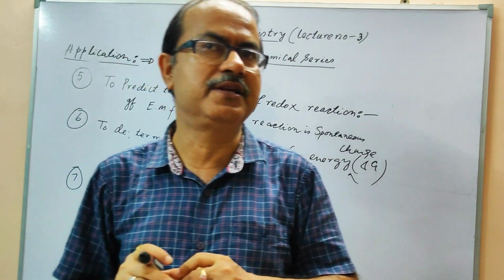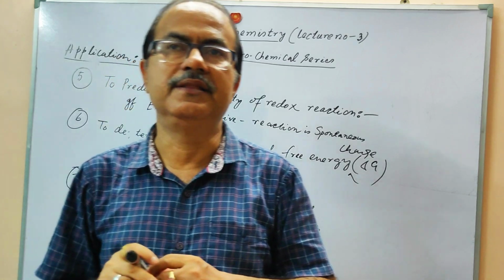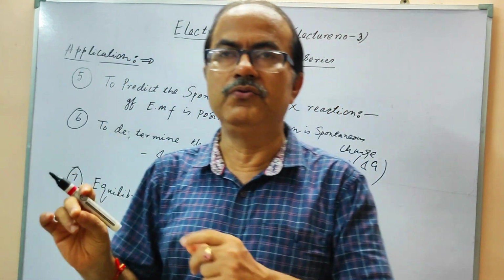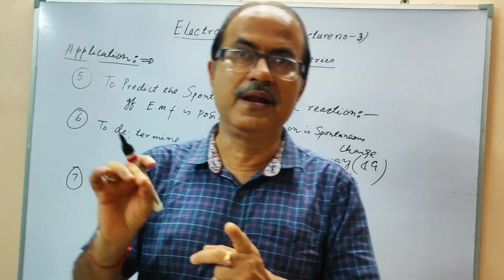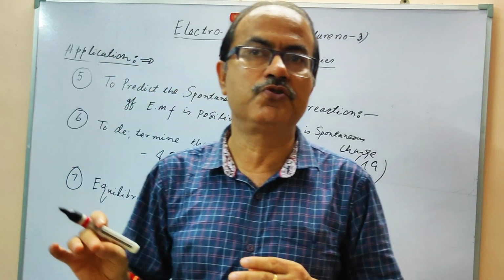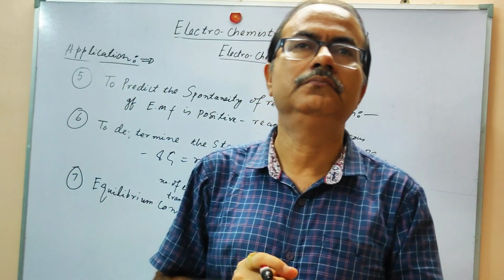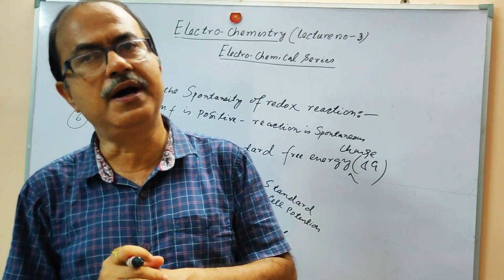That we can understand from the electrochemical series. We have also taken examples: the metal with the higher activity will have the lesser electrode potential, meaning reduction potential, as compared to the other.